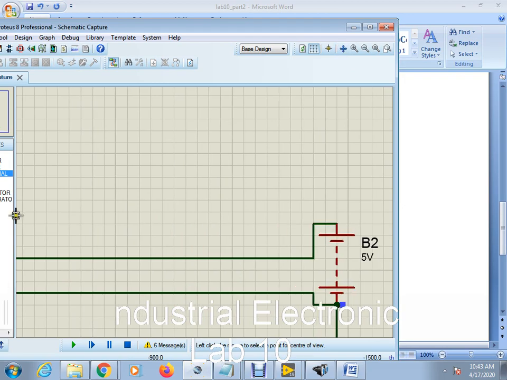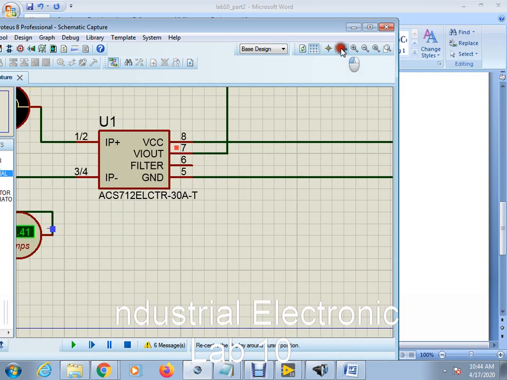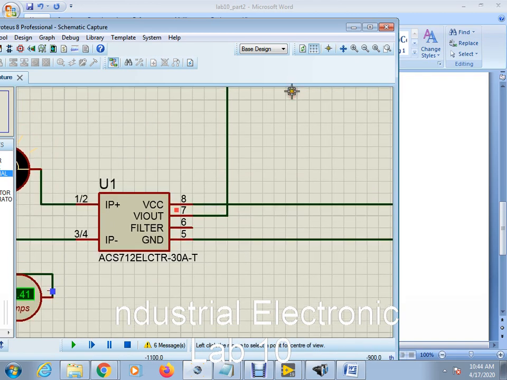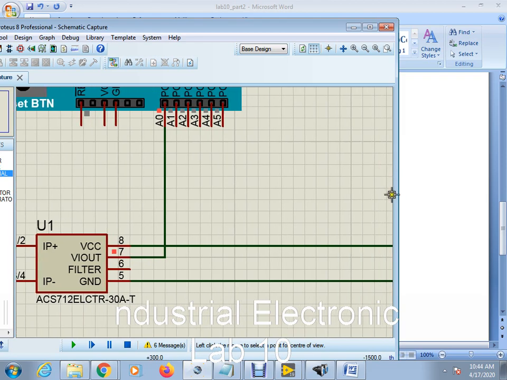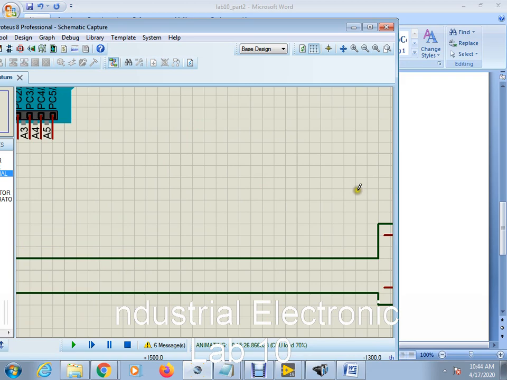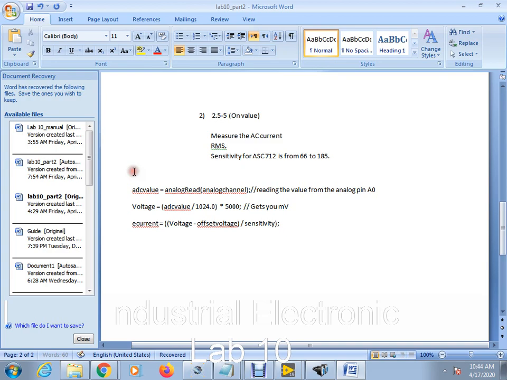This output is connected to the analog port of the UNO. It will read the analog to DC value. For 30 ampere its value is 516. So it will read the value of A0.